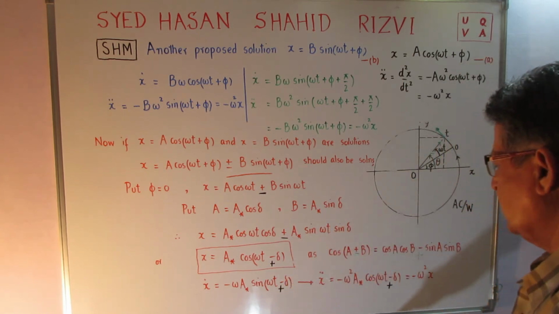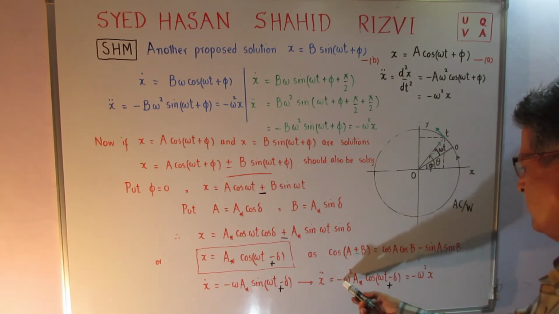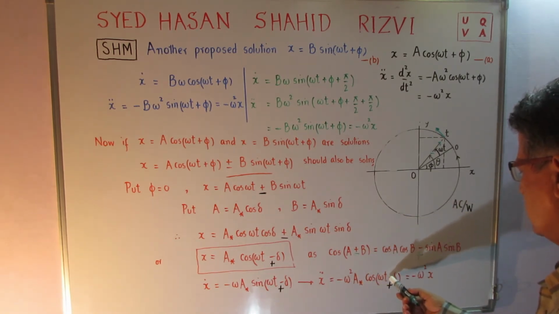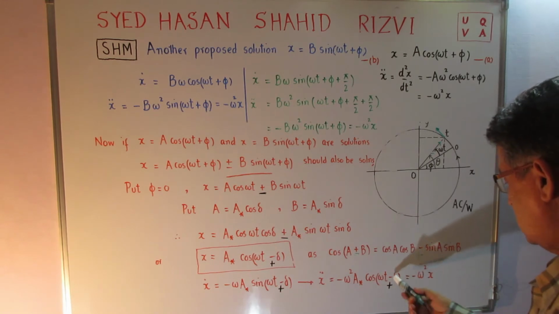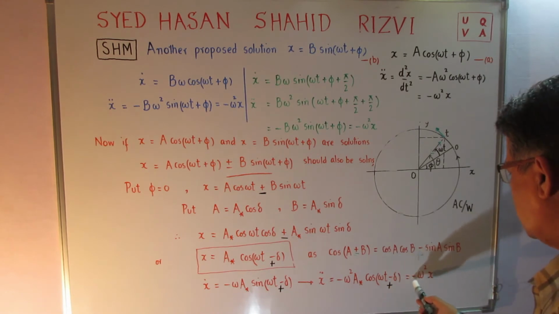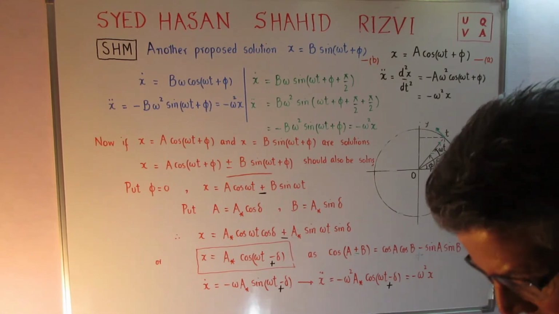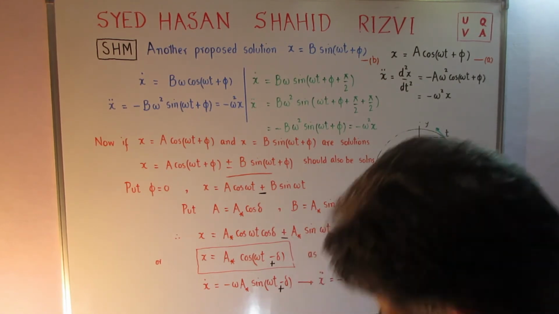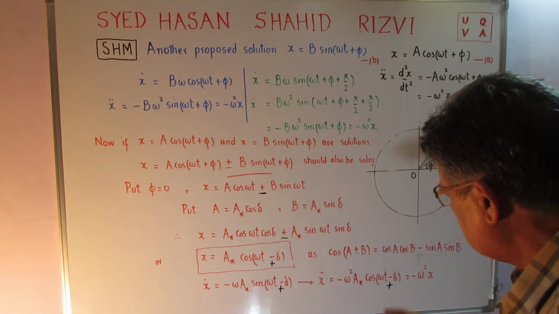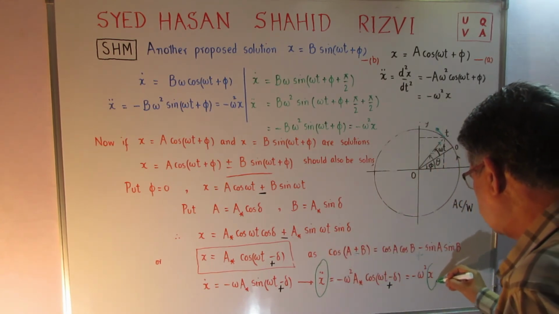And if I differentiate it another time with respect to time, then I'll get minus omega square a star cos of omega t minus delta, or in case it is plus sign, plus delta, which is equal to minus omega square x, which shows that our friend x double dot, which is acceleration, here is proportional to the displacement.